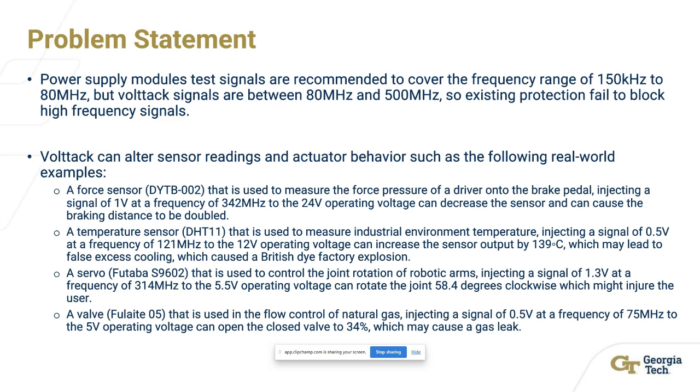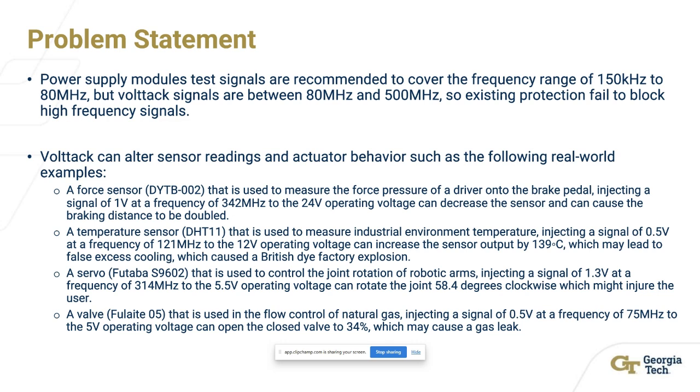This attack can alter sensor readings and actuator behavior, leading to critical safety issues, such as a force sensor DYTB-002 that is used to measure the force pressure of a driver on the brake pedal.